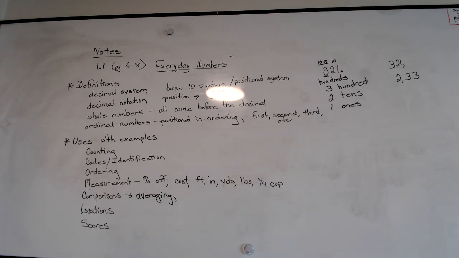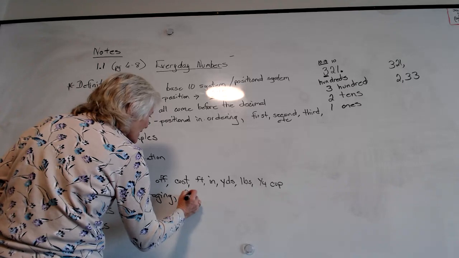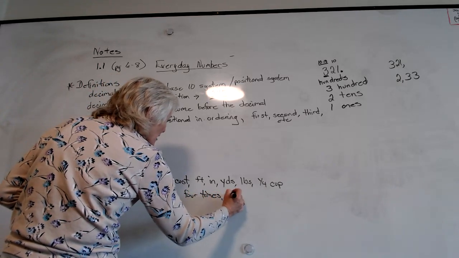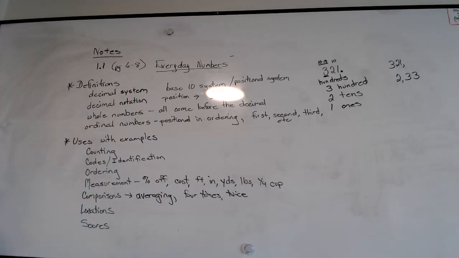So something like I scored twice as much. I have twice as much money as you do. Oh, bummer. But comparing something. So a lot of times we see 4 times, twice, those kind of words. That's a comparison. We're comparing 2 different things.